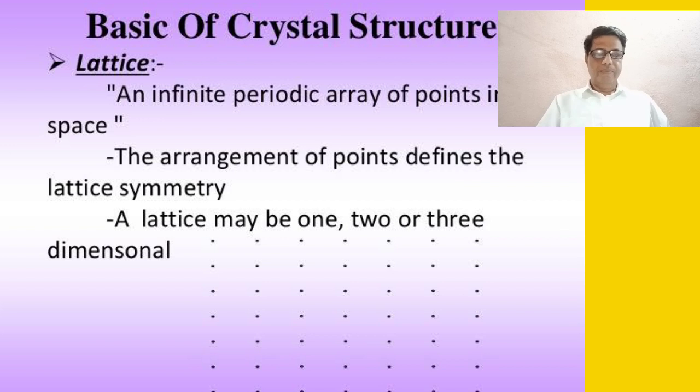The black dots represent the lattice points. This is the geometrical arrangement. So it is an infinite periodic array of points in space. It may be 1D, 2D or 3D.